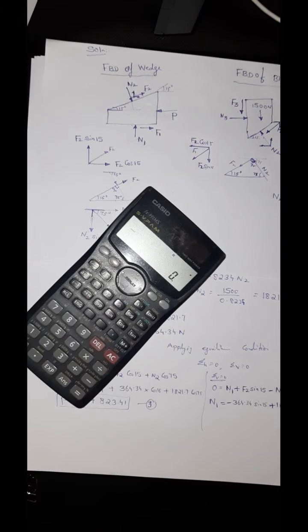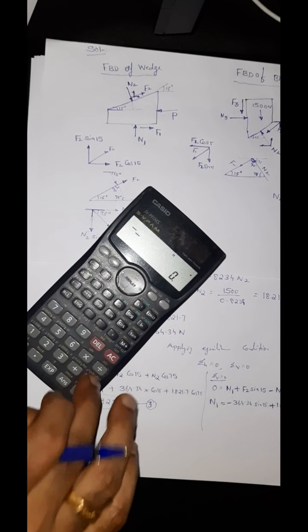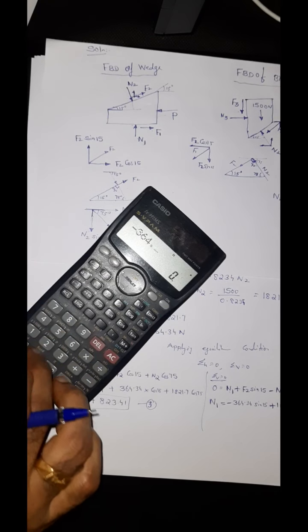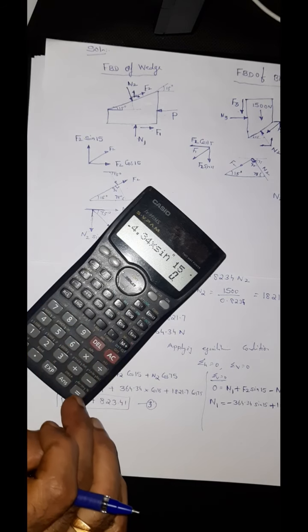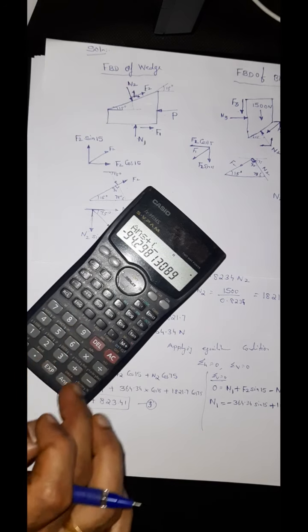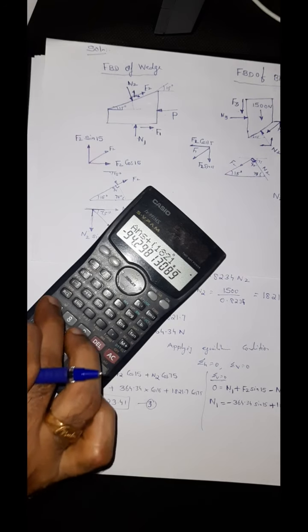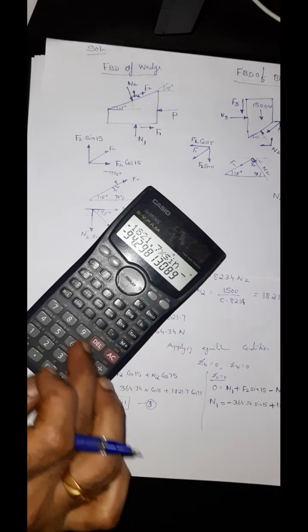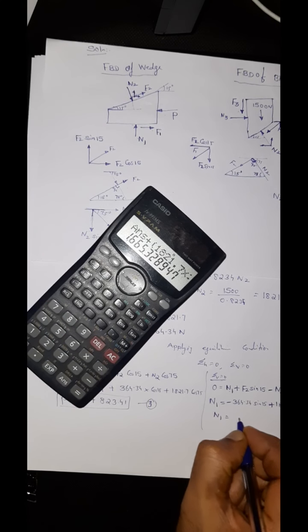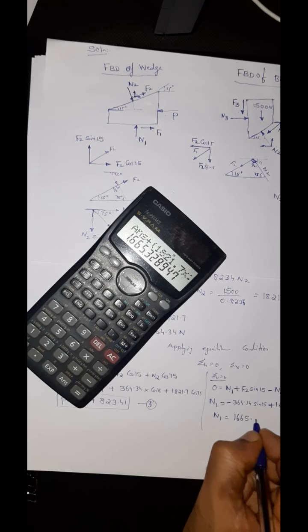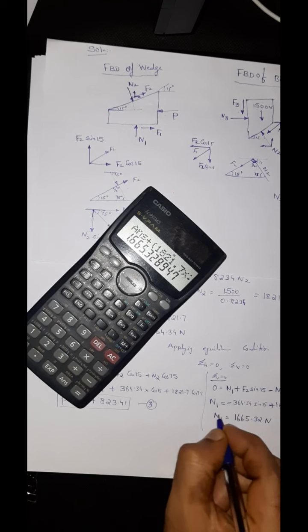Right. So let us calculate this value now. Minus 364.34 into sin 15 plus 1821.7 into sin 75. So N1 equal to 1665.32 Newton.